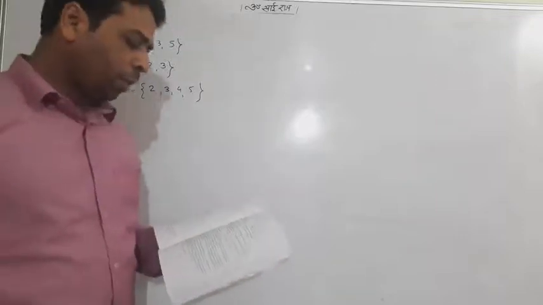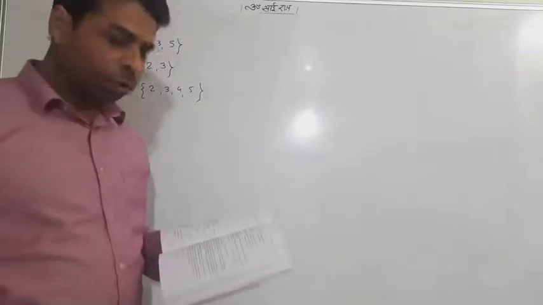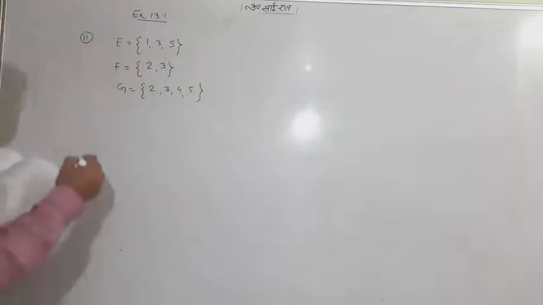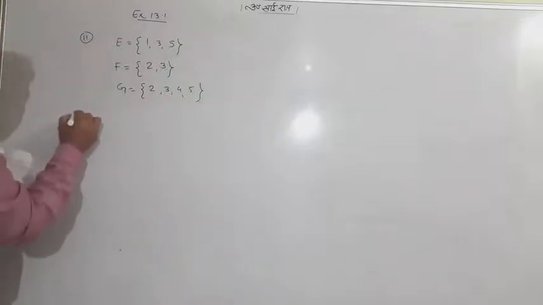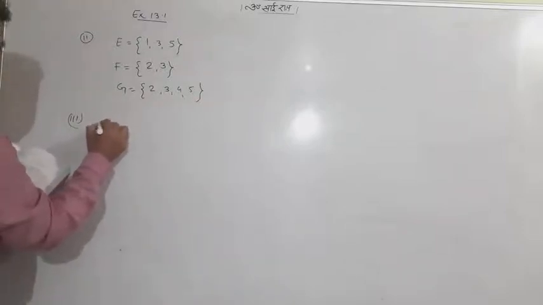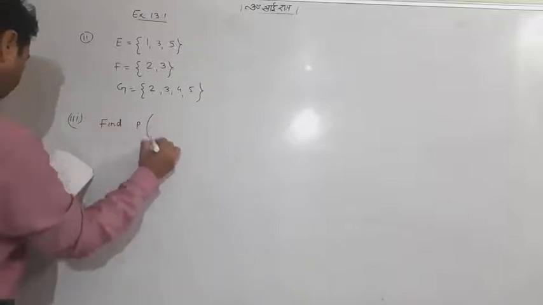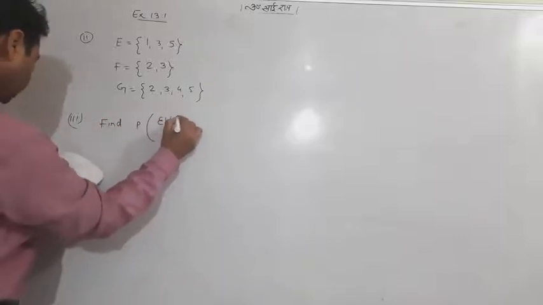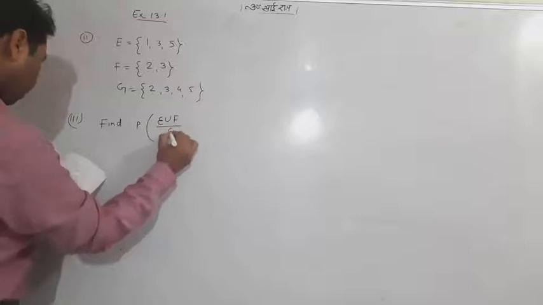Questions 1 and 2 are easy, so I'm not telling you. The third I just want to tell you. The question says find P of E union F upon G.